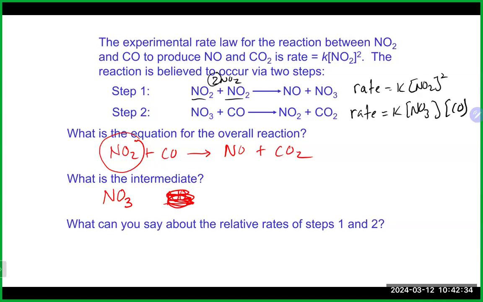And these are the 2 rate laws that we could write for each of these steps. We could use this to help us determine sort of which one is maybe faster or slower. Now, the rate determining step, which is the slow step we just talked about. Which step in this mechanism would be the rate determining step? For the second one?